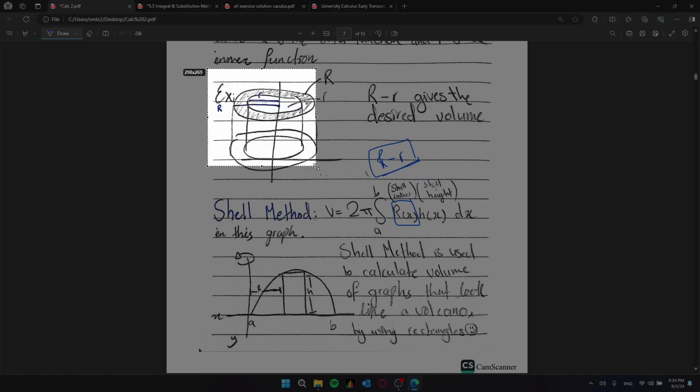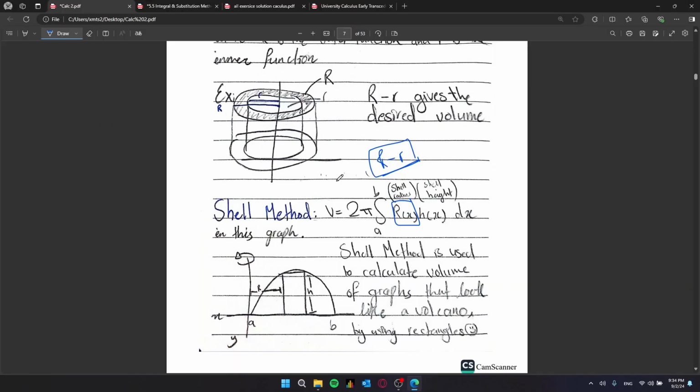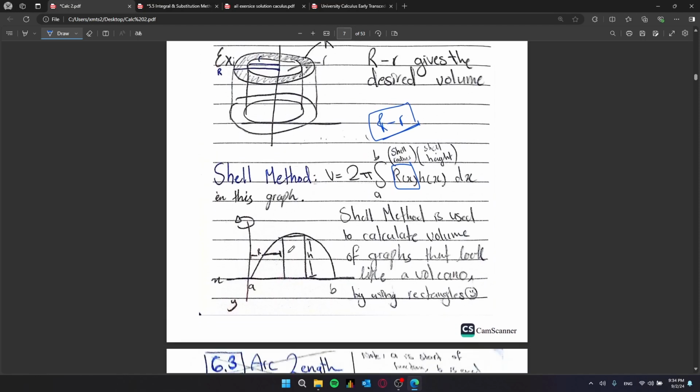If you look at it from a 2D perspective, your cylinder is going to be a rectangle. So you're finding the area of a rectangle, which is xy, to find the volume of the shell by infinitely stacking rectangles. That is the idea that we're trying to achieve here.